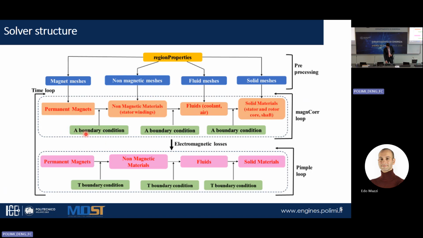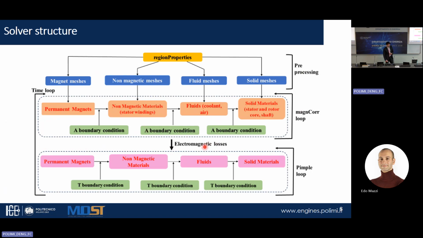In this case, we have boundary condition in order to interface all these regions with the vector potential that has been chosen for the solution. The vector potential is variable A that has been chosen to model the magnetic field. We are based on the solution of this equation.